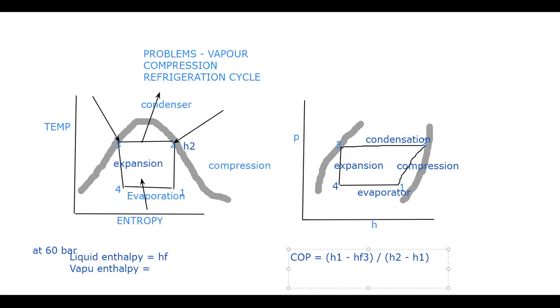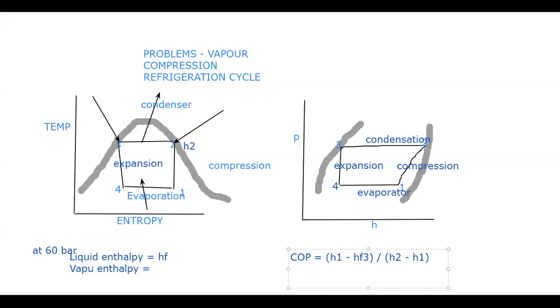So now we found the COP. The main important thing you have to remember here is, in order to find the COP, we have to get the enthalpy values at three different points: H1, H2, and HF3.